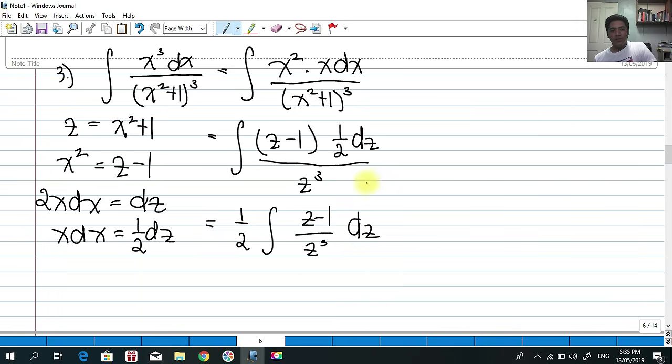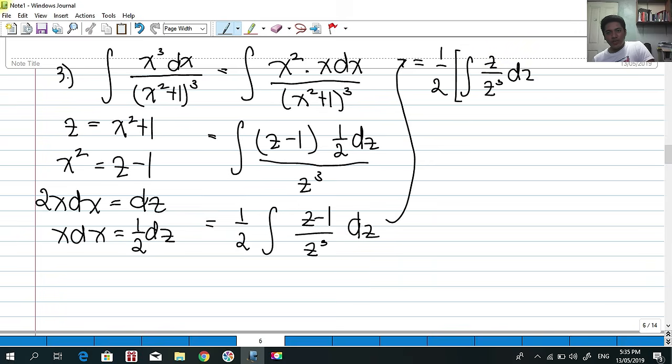Okay? So by applying the properties of integral, we have 1/2 multiplied by the integral of z over z cube dz minus the integral of dz over z cube.